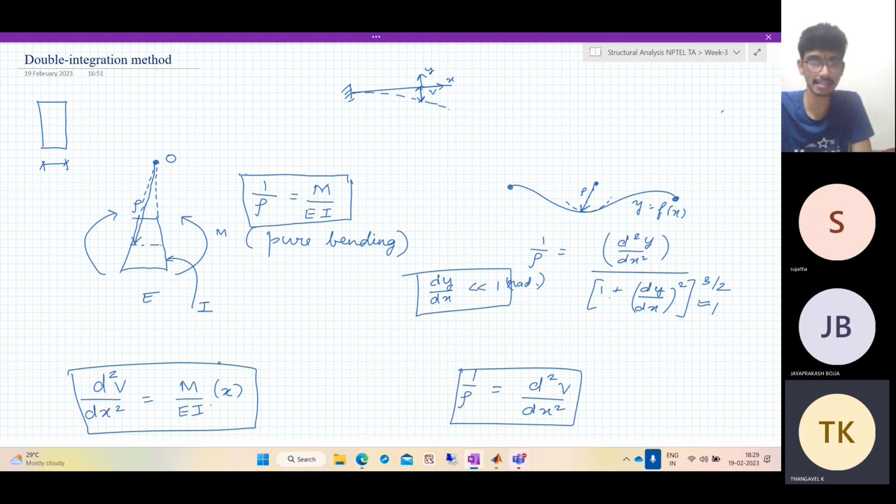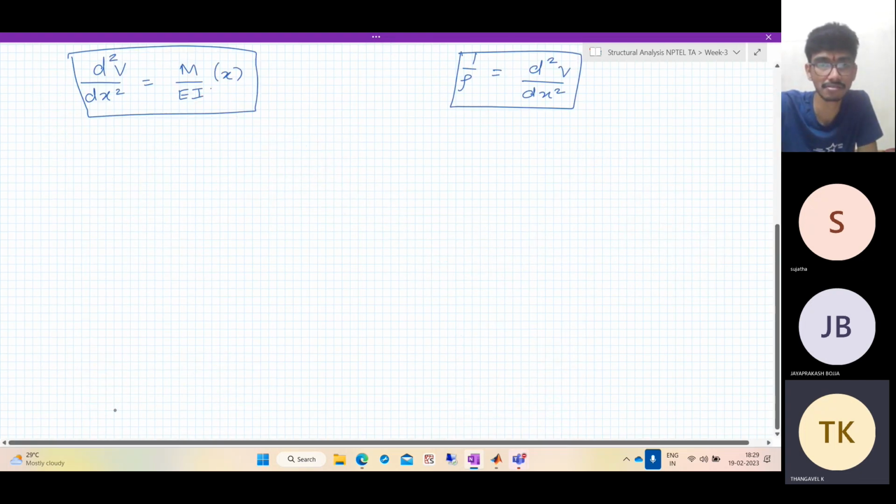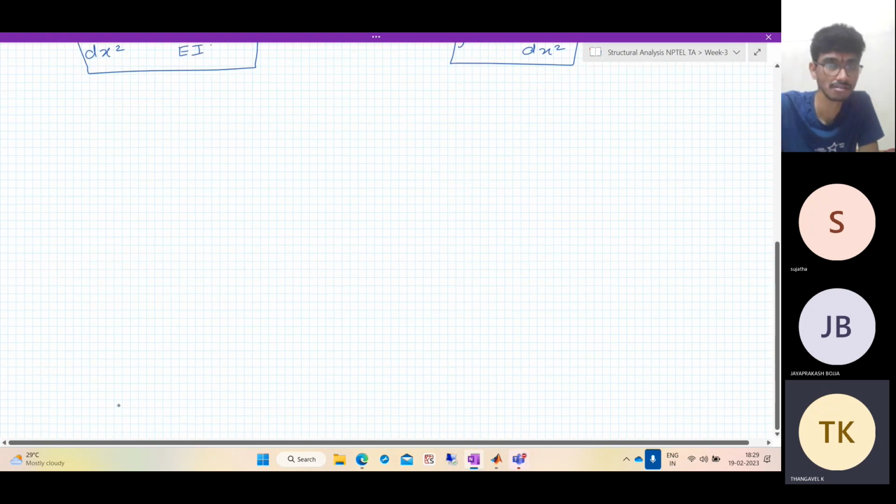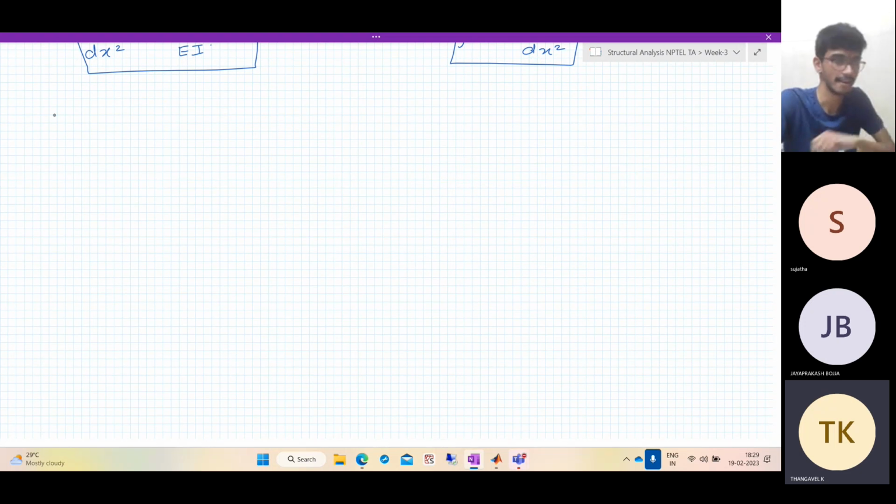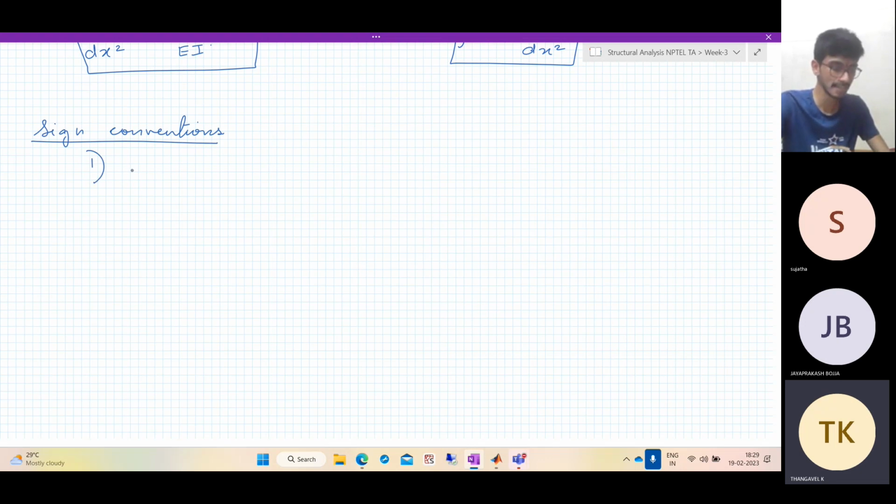What is important in this is the sign conventions. The sign conventions are very important. First, the deflection v measured upwards is positive.